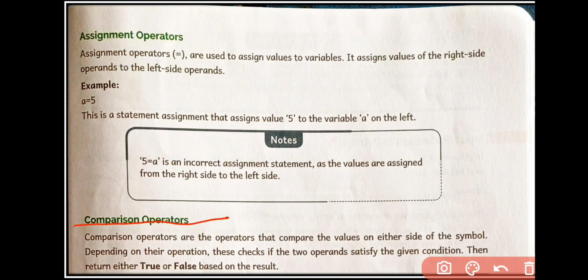Comparison operators are operators that compare the values on either side of the symbol depending on the operation. They check whether the two operands satisfy the given condition, then return either true or false based on the result.